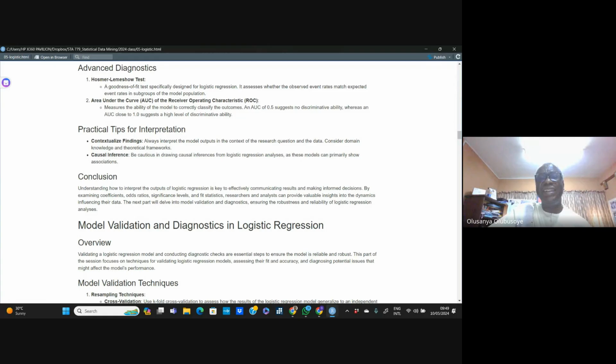So a causal relationship cannot be established with logistic regression, but a cause and effect relationship can be established.